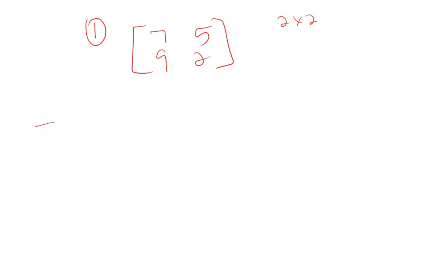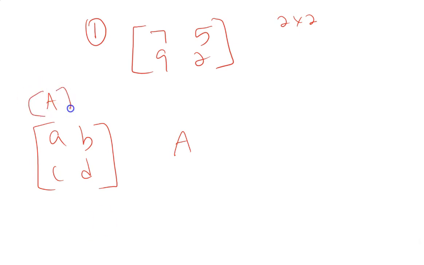When you think of a determinant, I'm going to give you a little pattern to follow: A, B, C, D. The determinant is symbolized like this: if this is matrix A, you put straight lines next to it, kind of like absolute value. And you are going to do AD minus BC.